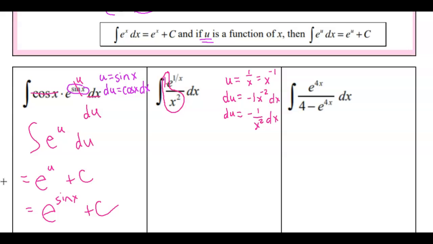So I don't need the negative, so I'm going to have negative. This is all negative du. And then this is u. So notice it is in the numerator. So we get the integral is -e to the u plus c. So -e to the u plus c.